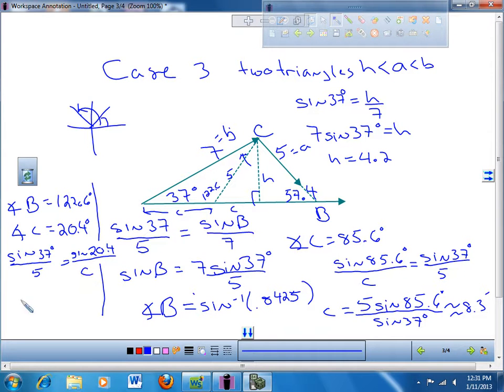And if you do that, what do you get, Logan? Or someone? 2.9. So c comes out to be 2.9, which makes sense because this side needs to be shorter than if it was a triangle where this angle is bigger, right?